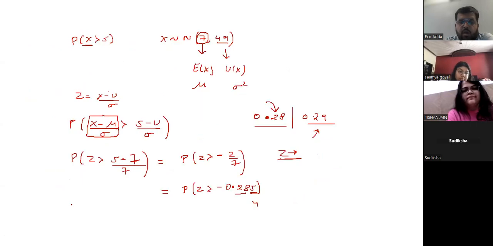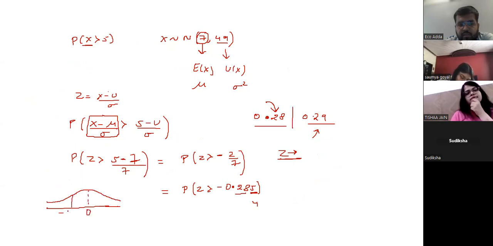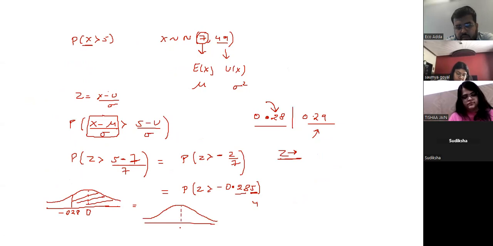Now, since this was your question, let's make the graph first. This is 0 and this is minus 0.28, and we need this area. Can we say this area is exactly the same as this area, where this is 0 and this is 0.28?